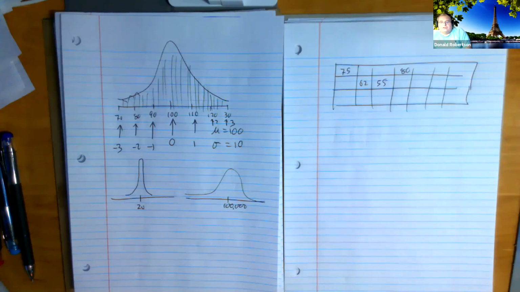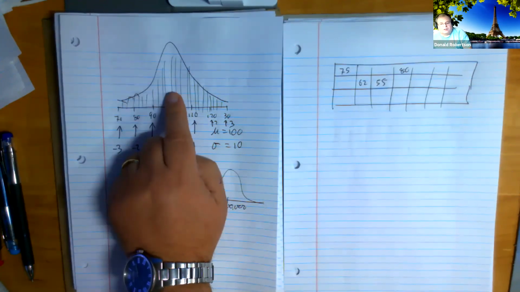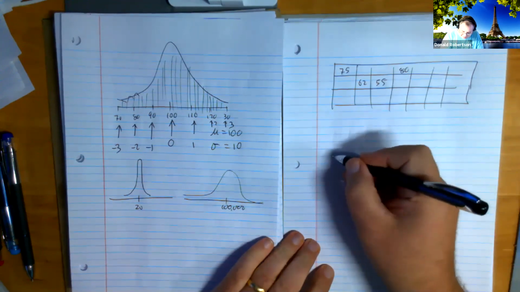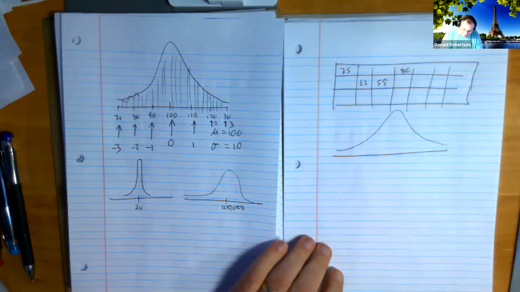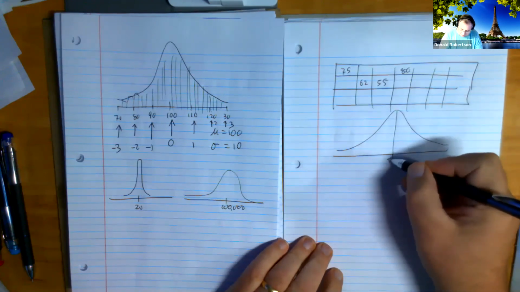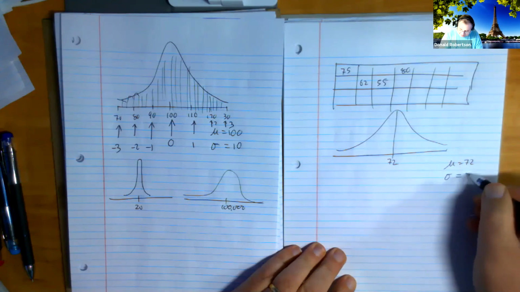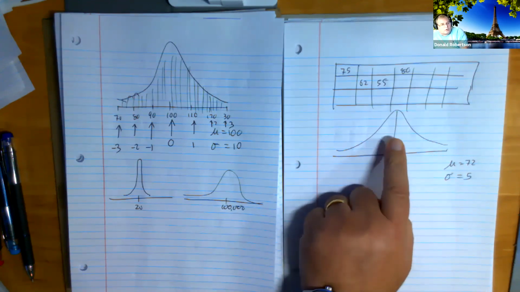And I wanted to know, does this data have a nice normal distribution to it? Well, you draw a histogram, and can we pretend that the histogram kind of looked like that? And just for argument's sake, it was centered on 72, and its standard deviation, let's say it was 5 for whatever reason. Can we be sure that this is actually a normal distribution or not?